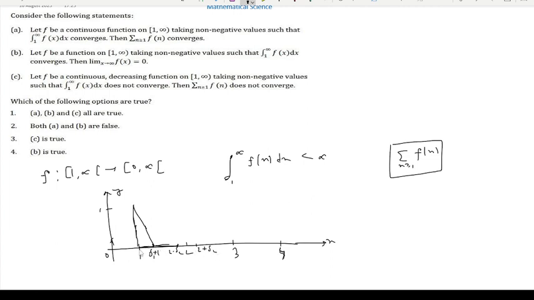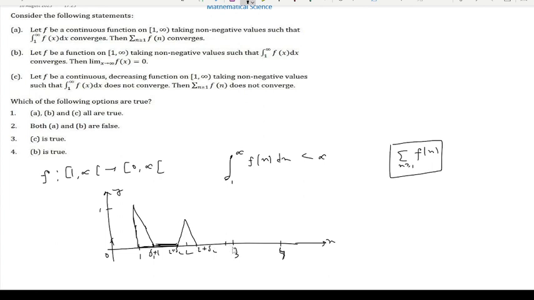So the function is defined in such a way that from 1 plus delta 1 to 2 minus delta 2 it is 0, and then again from 2 minus delta 2 the function rises like this, and at 2 it has a maximum point, a local maximum, and then again it decreases to 2 plus delta 2.